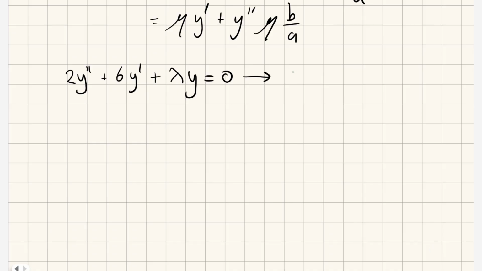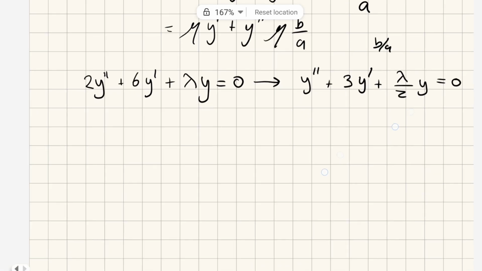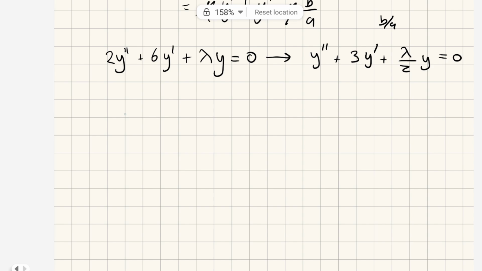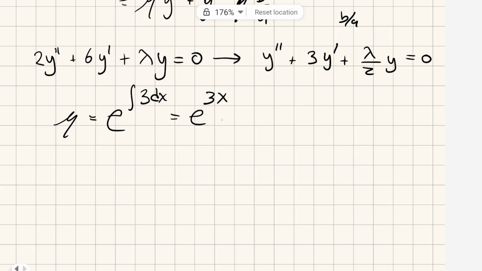So this will take us to y double prime plus 3y prime plus lambda divided by 2 y equals 0. Then we identify that b divided by a is equal to 3, right? So we will get that our integrating factor mu is going to be equal to e to the integral of 3 dx, which is of course e to the 3x.